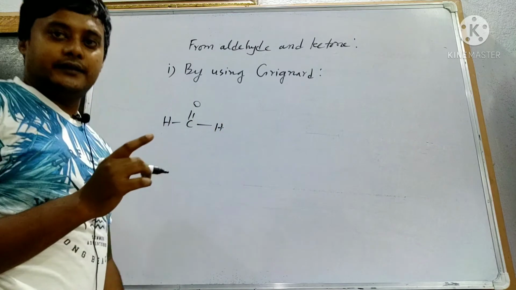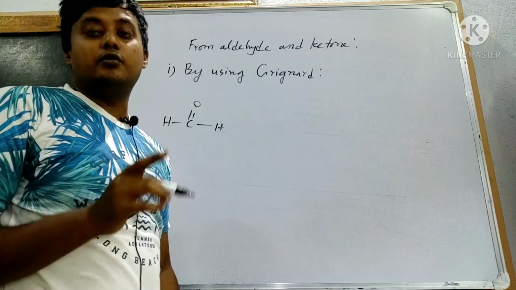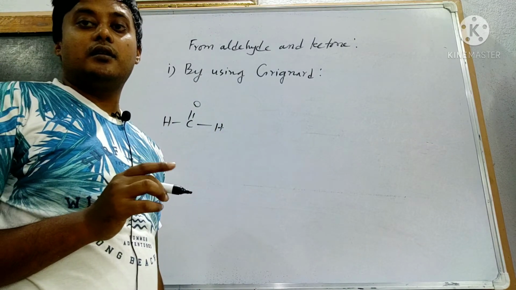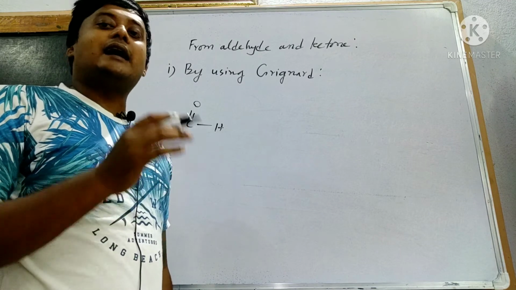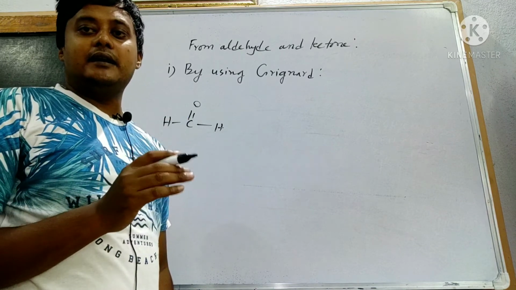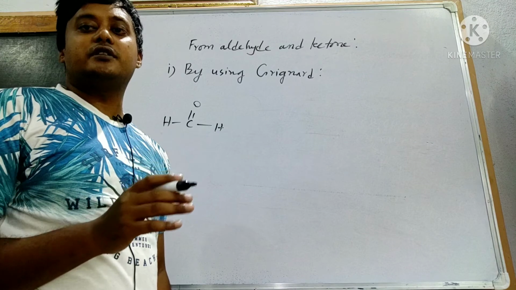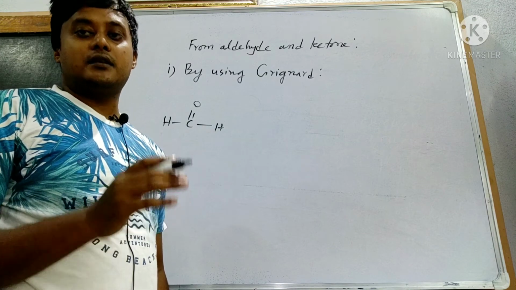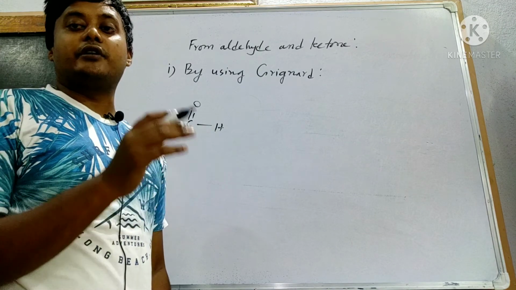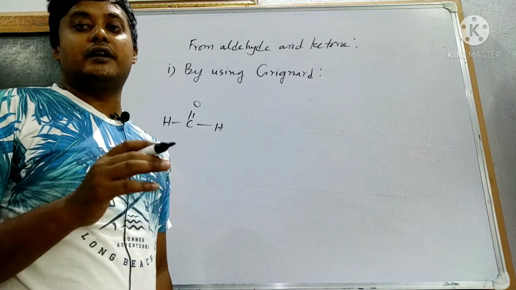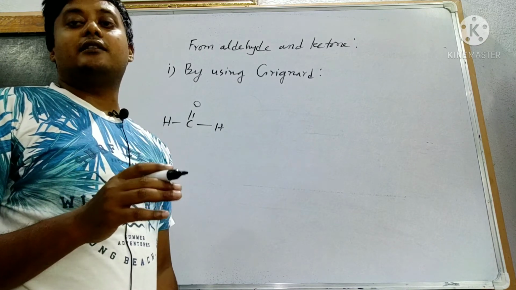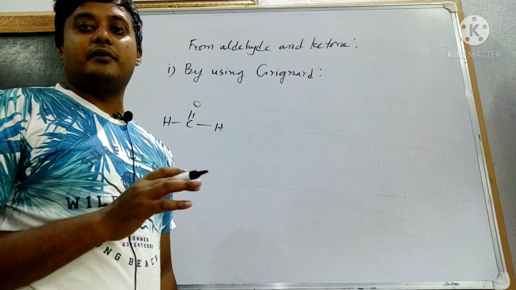Now here remember one rule. Formaldehyde when it reacts with Grignard gives primary alcohol. Aldehyde other than formaldehyde gives a secondary alcohol, and ketone gives tertiary alcohol or 3-degree alcohol. Remember this.